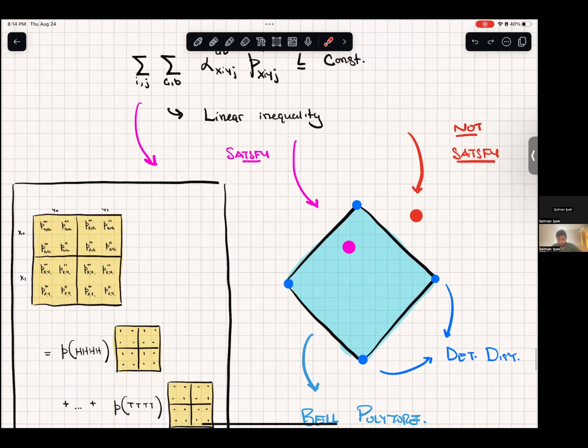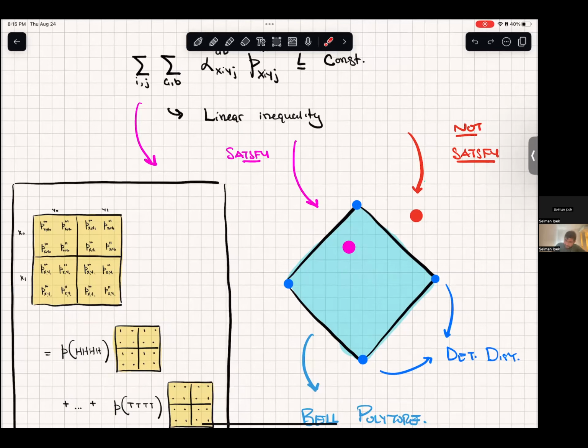And so more geometrically, we can think of each of the deterministic distributions as being like a vertex in some space. And then we can think of the convex hull. What does that more or less mean? It means that we're allowing all probabilistic mixtures of those points.